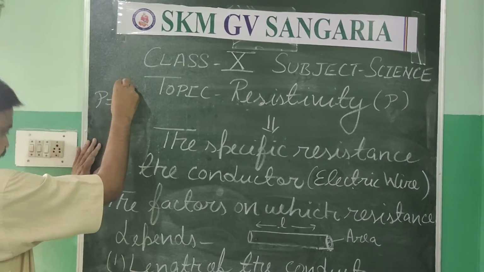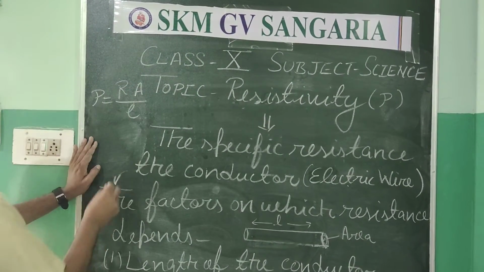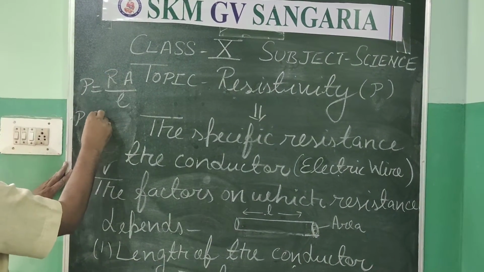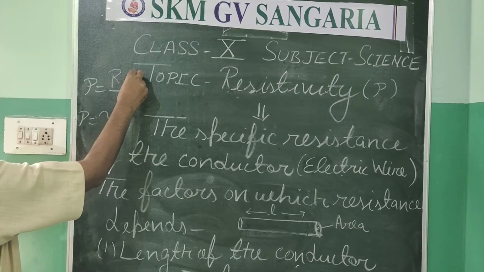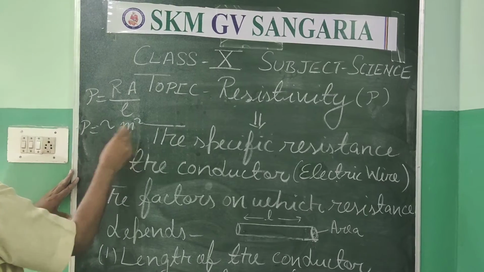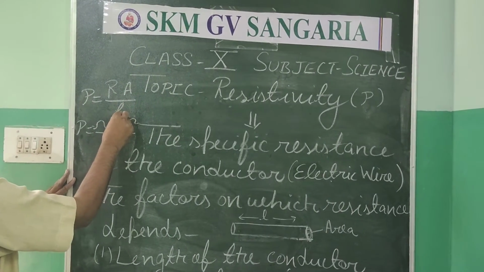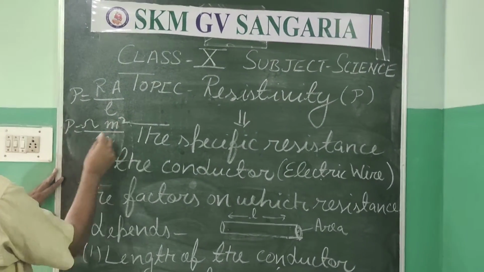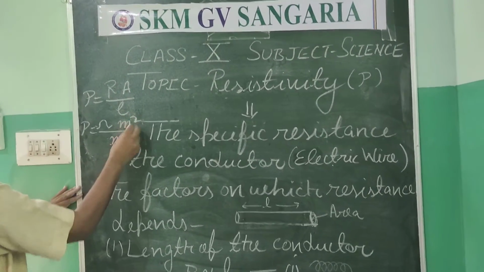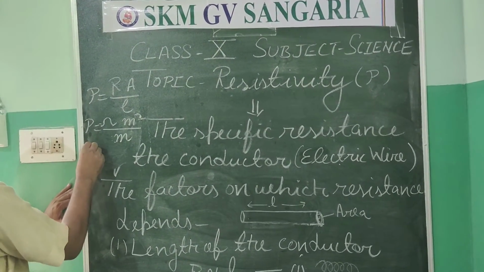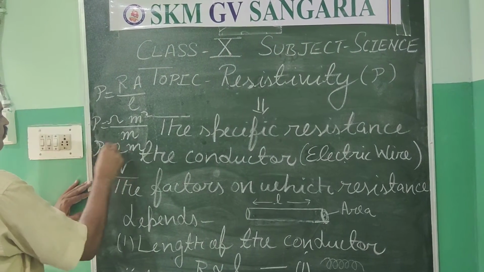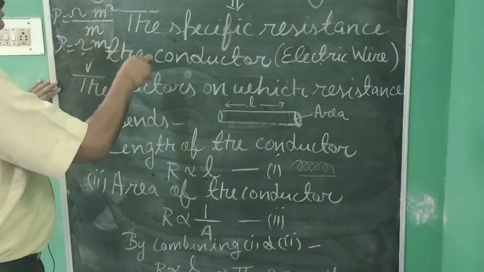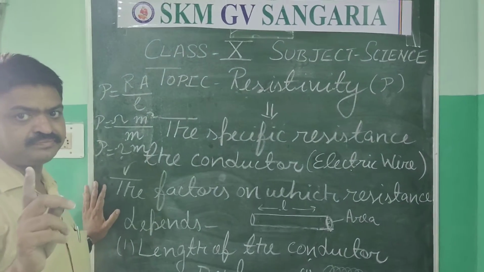It is RA upon L. Now in this, what is the SI unit of the resistance? It is ohm. What is the SI unit of the area? It is meter square. And what is the SI unit of length? It is meter. So when this meter moves up, it will be subtracted by these two, and the SI unit that we will get will be ohm meter. That's why we can say that the SI unit of the resistivity is ohm meter.